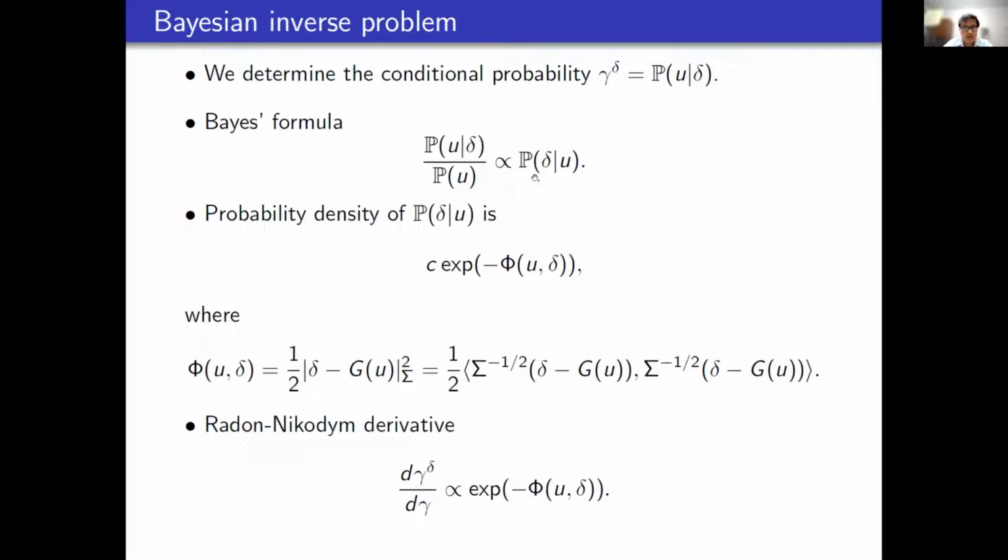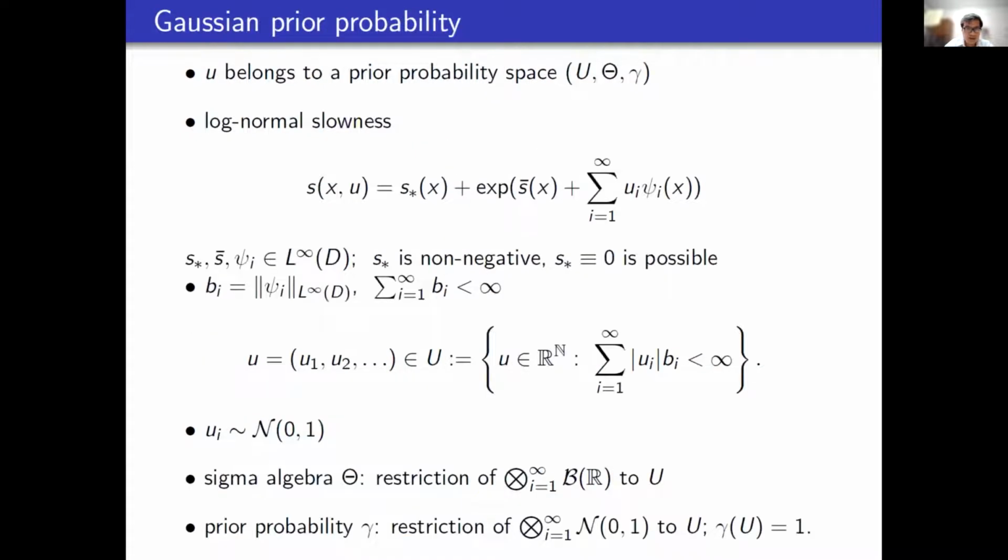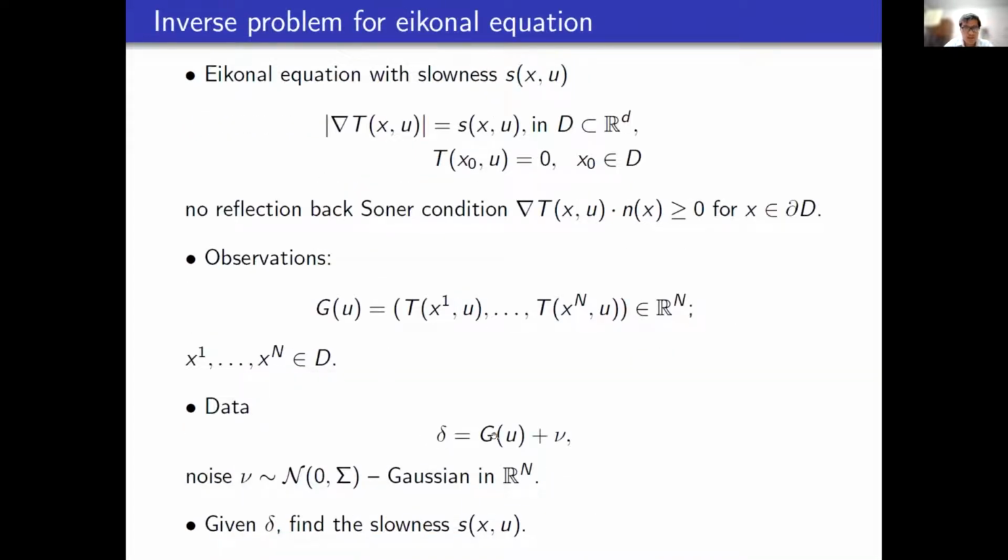On the right-hand side, we have the conditional probability of delta when u is known. So we can write down the density function of the likelihood on the right-hand side. That is because if you look at how we define this delta, it is a summation of this d(u) and the noise nu, which follows the Gaussian distribution with covariance sigma.